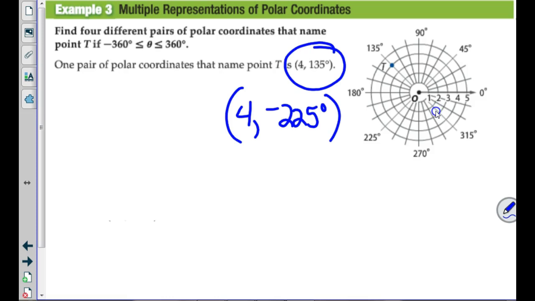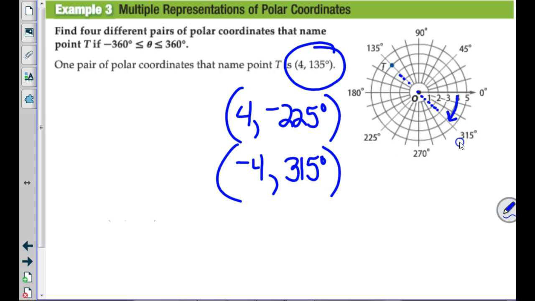Where would we have landed before we started backing up? Can anybody tell? What's the other half of that line? 315. So if we'd rotated around 315, we could have then backed up 4. One more, negative, negative. What is the negative angle that would get me to 315? Negative 45. And then we could have backed up 4.